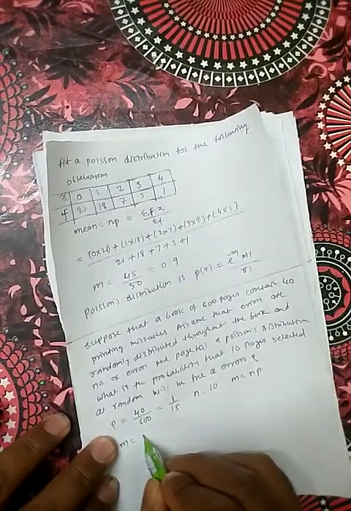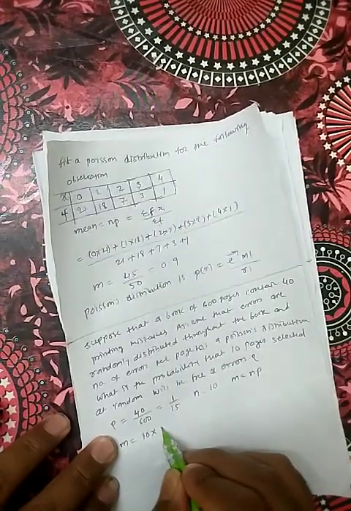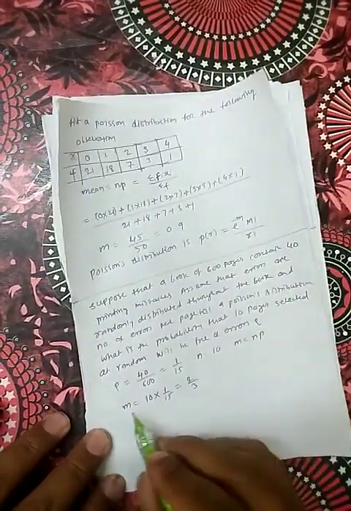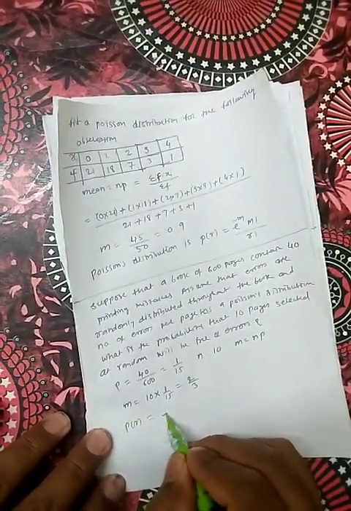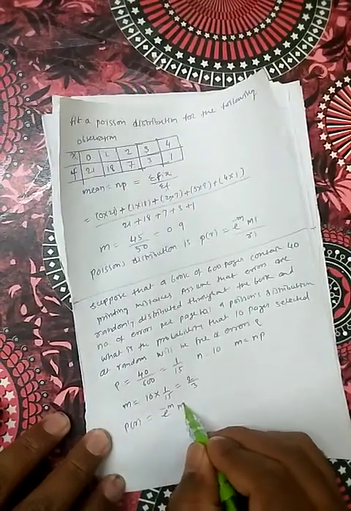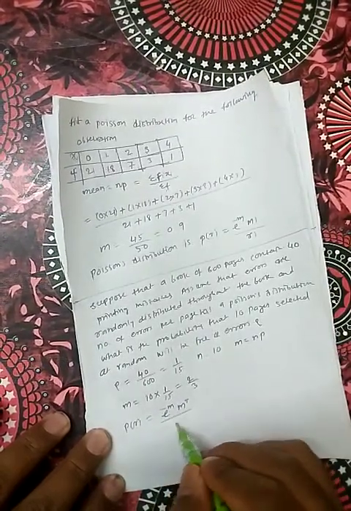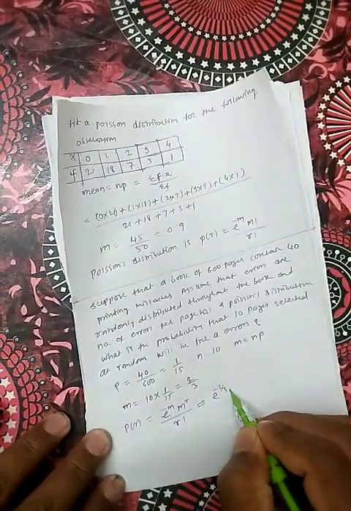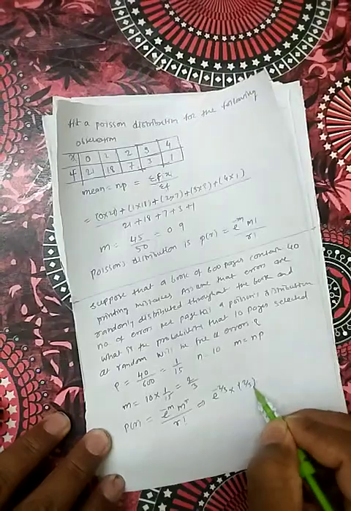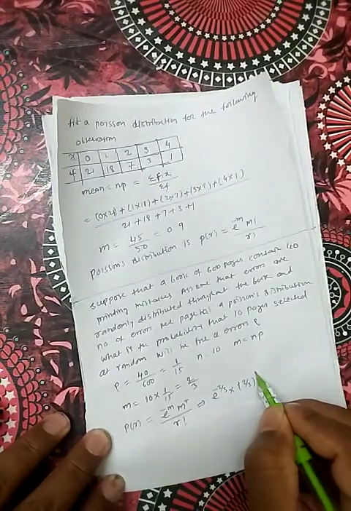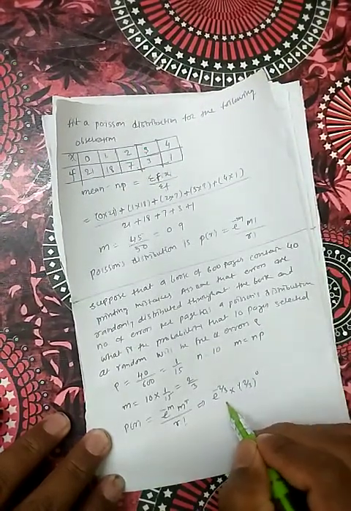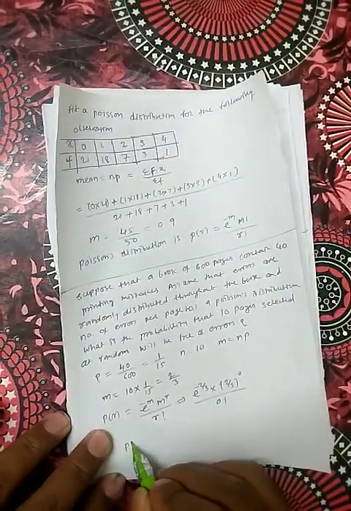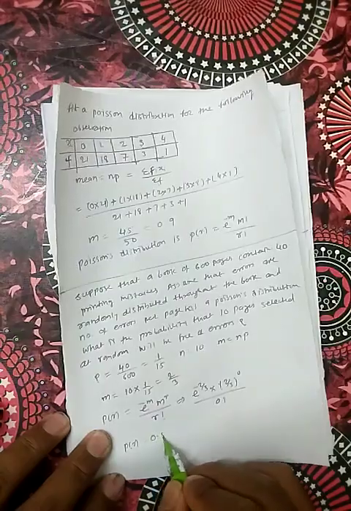So mean equals 10 into 1 by 15, equal to 2/3. So P(r) equals e^(-m) m^r by r factorial, e^(-2/3) into (2/3)^0 upon 0 factorial. So P(r) we get 0.51.